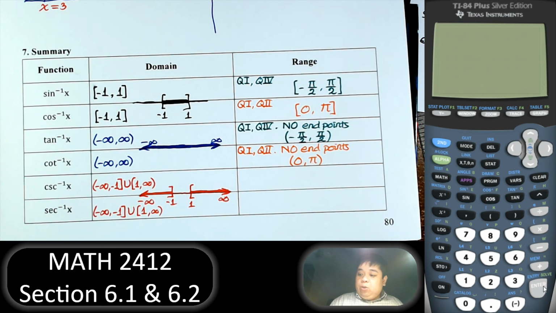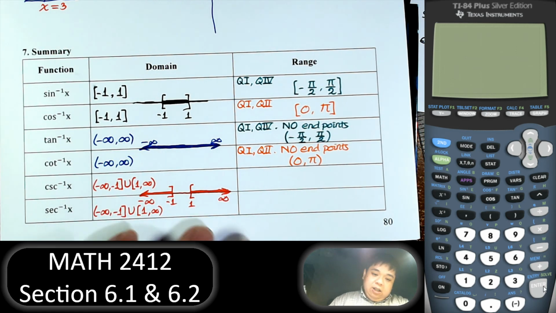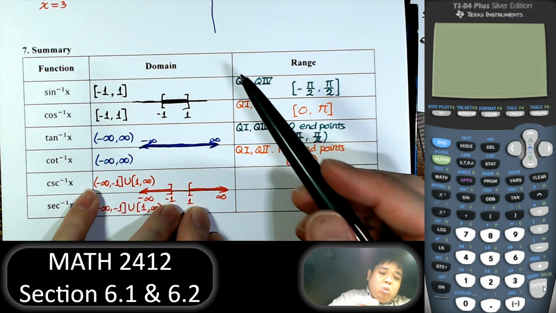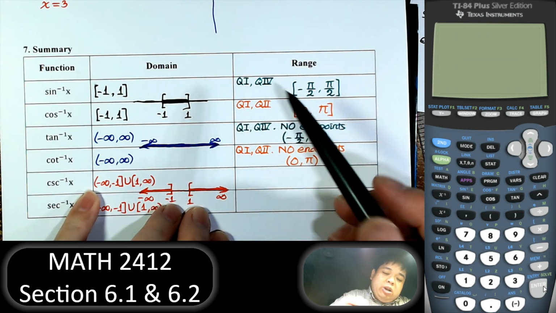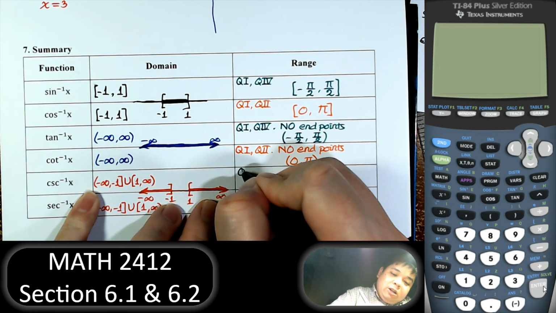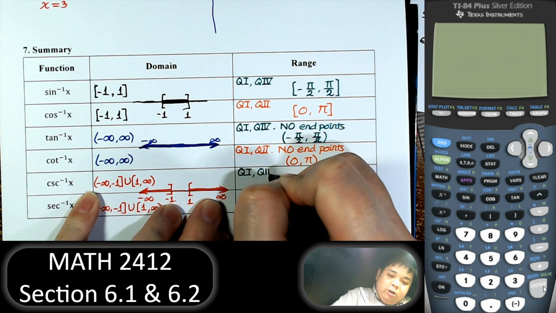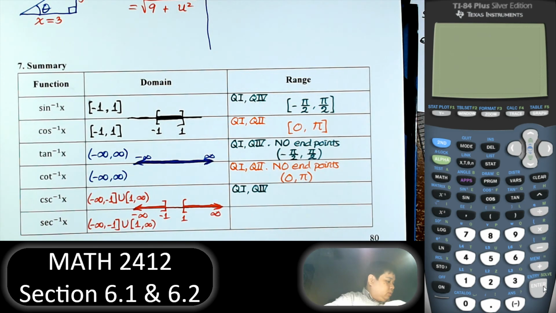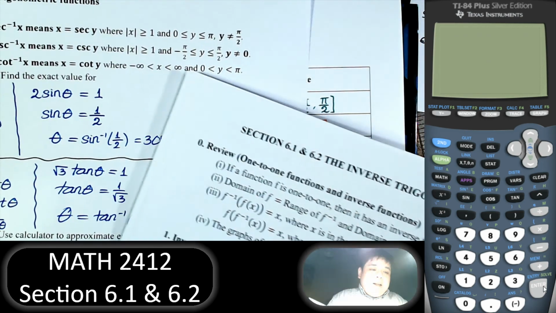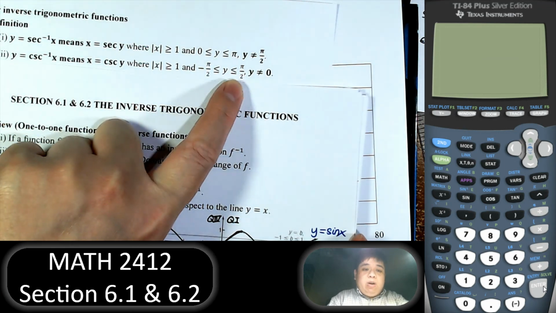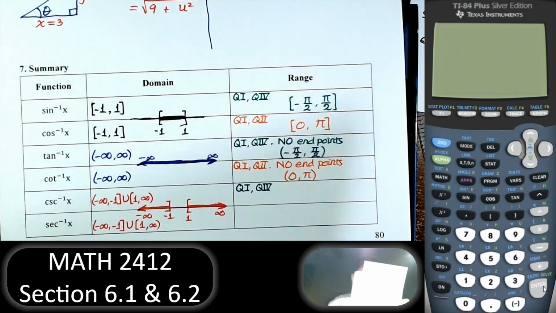And then secant and cosecant inverse. Cosecant is 1 over sine, so that would be similar to here. Still quadrant 1 and quadrant 4. This is cosecant inverse, quadrant 1, quadrant 4, but we don't have y equal to 0.